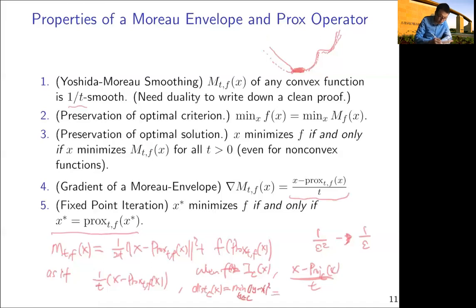This is equal to, without the square, the norm of x minus the projection of x to C. And we've shown that its gradient is equal to x minus projection to C of x, divided by the norm of x minus the projection, with this additional normalization.